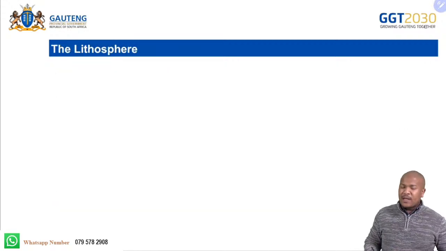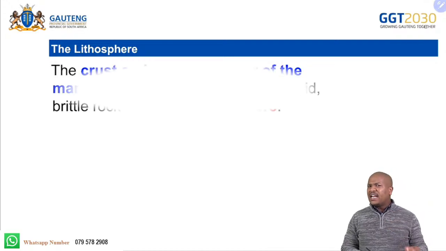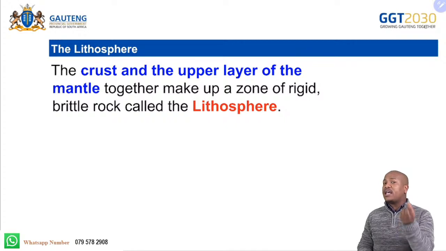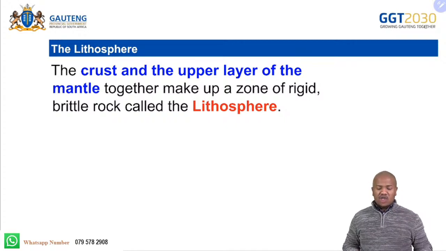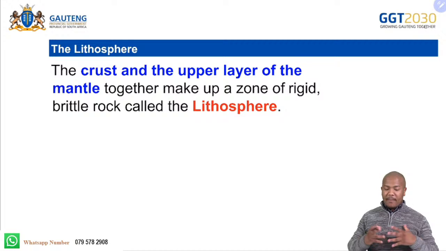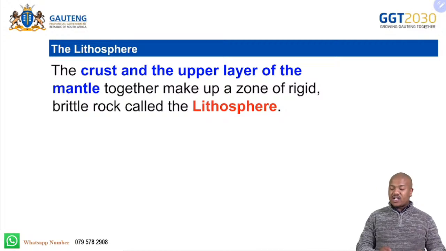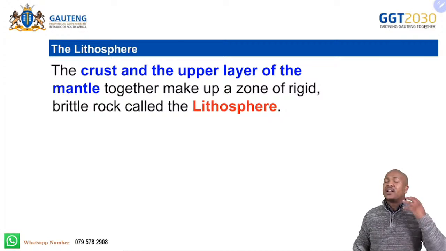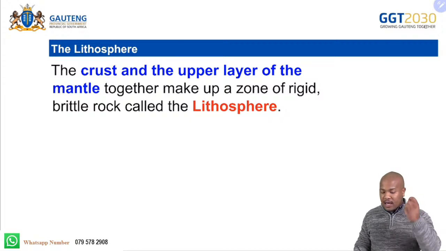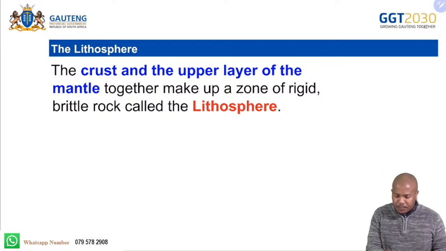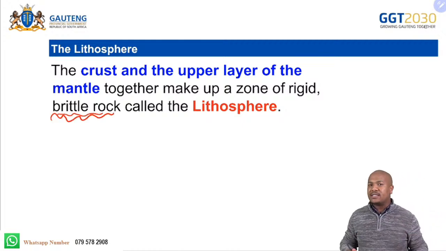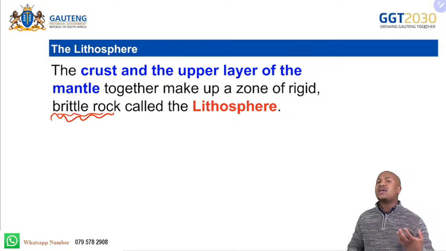Moving on. The lithosphere itself, we said it's all the solid rocks and soil of the Earth, right? So the crust and the upper layer of the mantle together make up a zone of rigid, brittle rock called the lithosphere. If you still remember this word from when we were talking about elements, we said that brittle means they break easily.